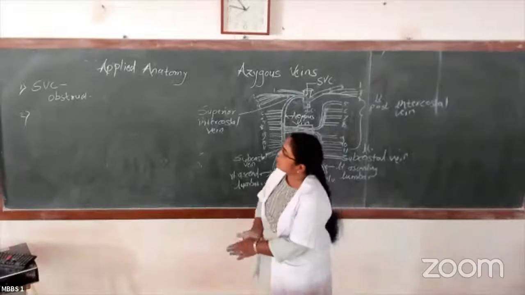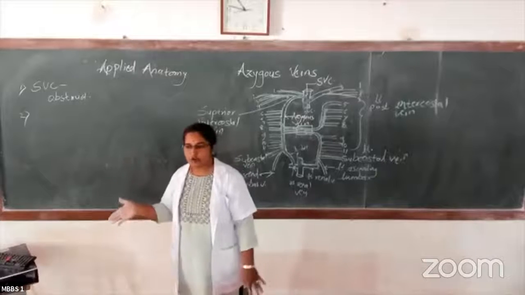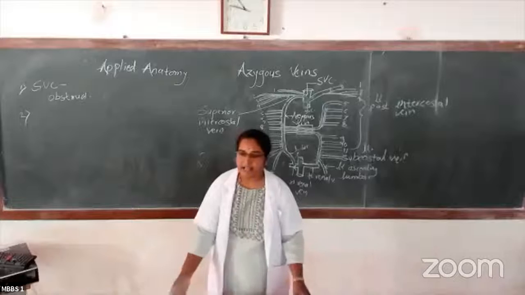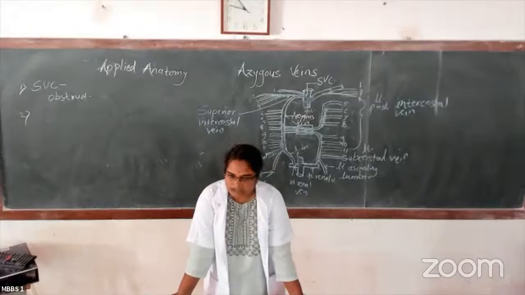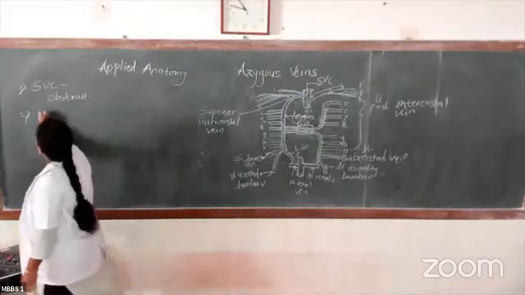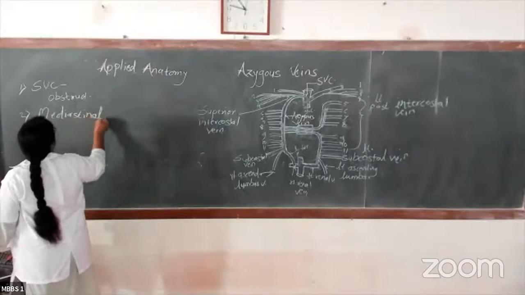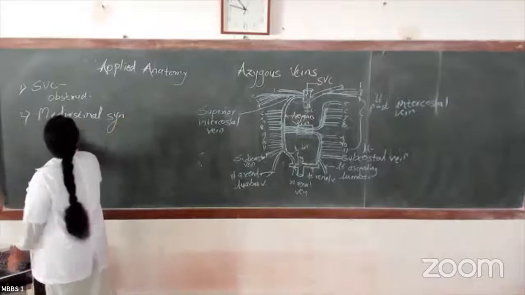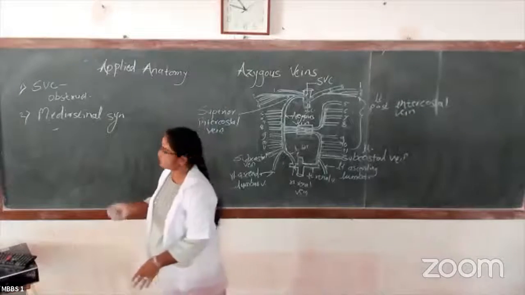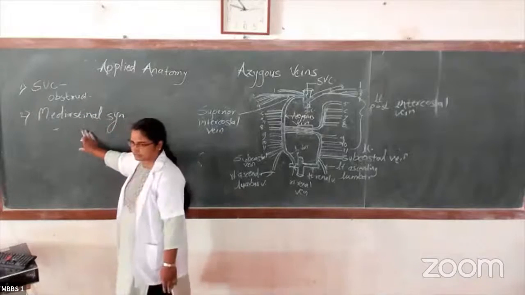In short, we can say that in the obstruction of superior vena cava or inferior vena cava, this azygous system of veins acts as an important collateral channel. So in cases of mediastinal syndrome, the signs of superior vena cava obstruction appear first.